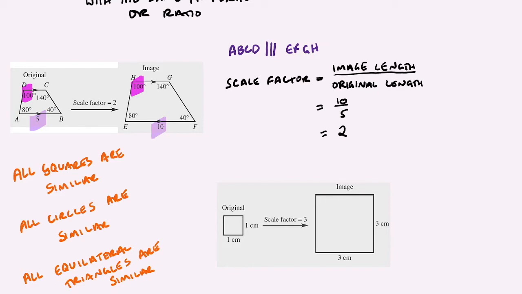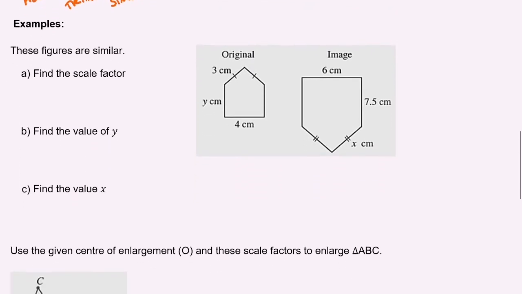Let's have a squiz at an example or two. Here we are. We have some similar figures. We've been told that they're similar figures. First thing we want to do is find the scale factor. So scale factor equals the image over the original, and we can shorten these as long as you know what you're putting in.